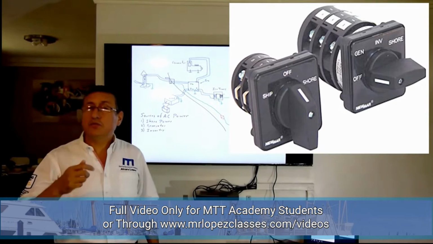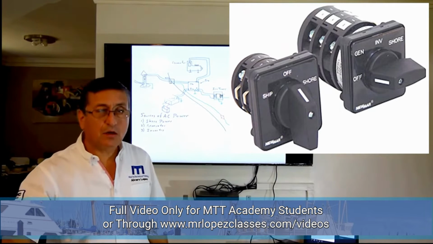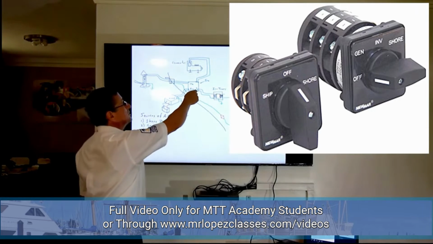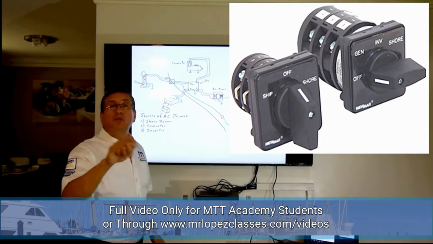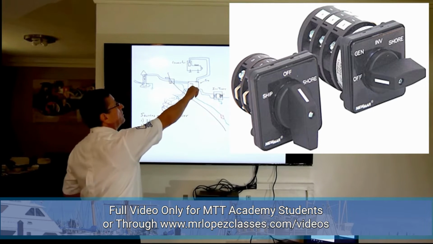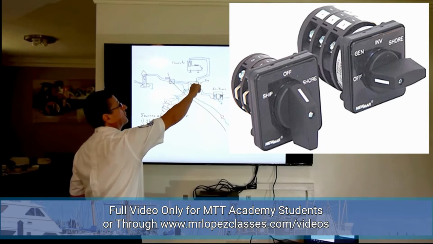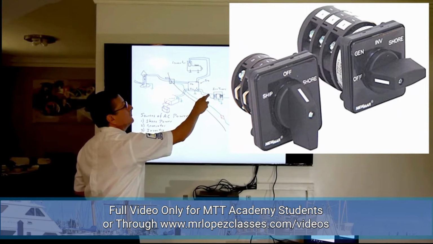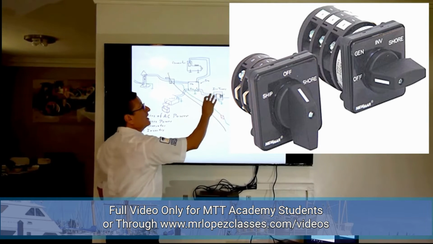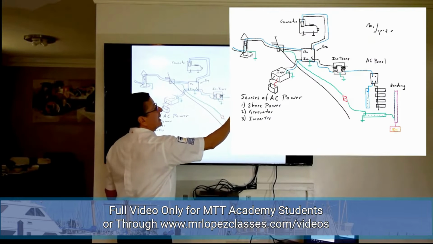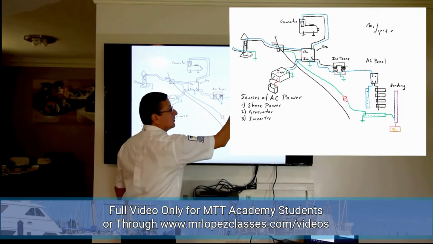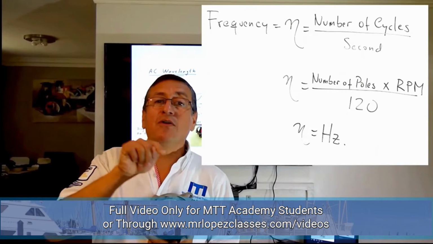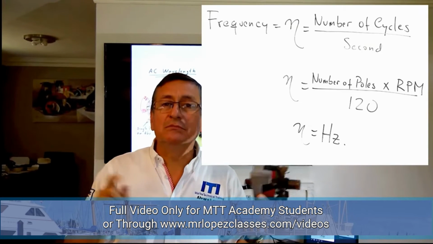Remember the switch selector that we are going to study later in another chapter. The switch selector selects if you want to receive the power from the shore power, or from the generator, or from the inverter. And from the output of the switch selector, the current passes through the isolator transformer and enters into the AC band.